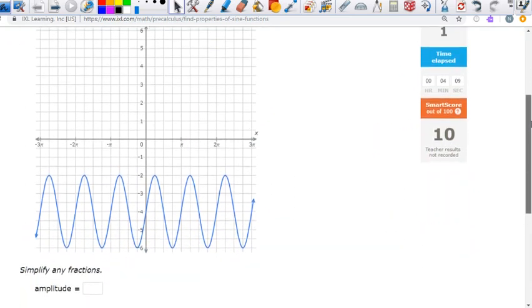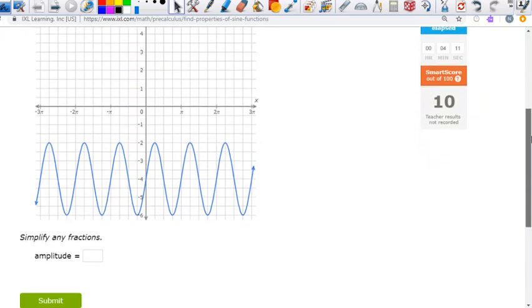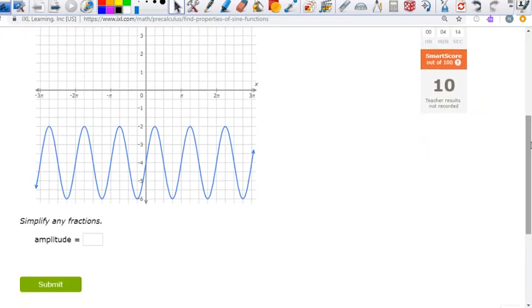All right, now I need to find the amplitude of the sinusoidal function. Now the amplitude is going to be the distance from the midline to a maximum or the minimum. So here the midline is going to be the average of the maximum and the minimum, so the max plus the min over 2.